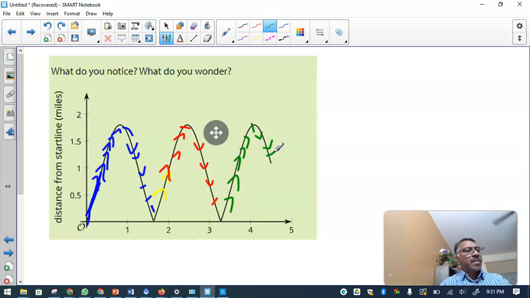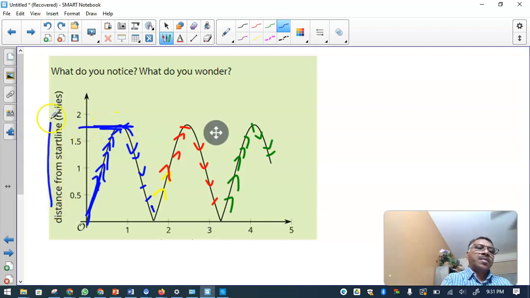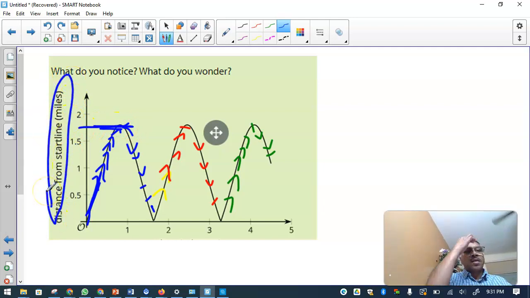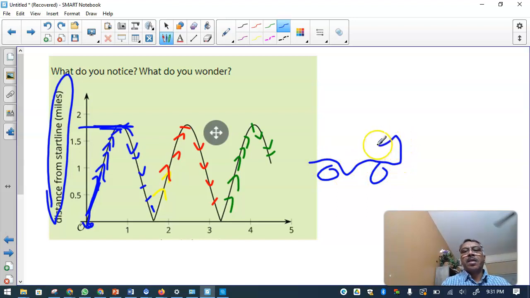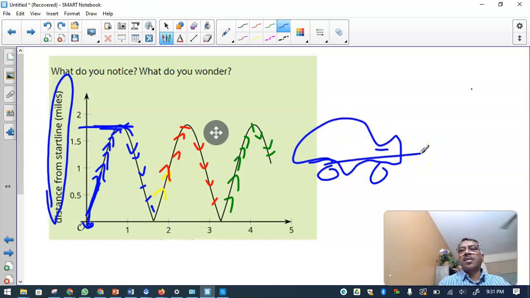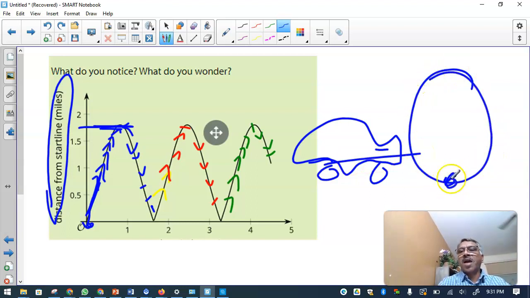So the maximum distance, if you see how high it goes, is given as the distance from the start line, and maybe this could be a question about a car. If this is a racing car, this is the starting line, this is where it starts, and then it goes up.